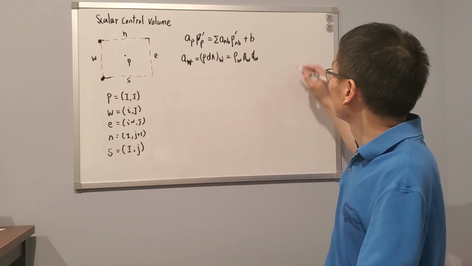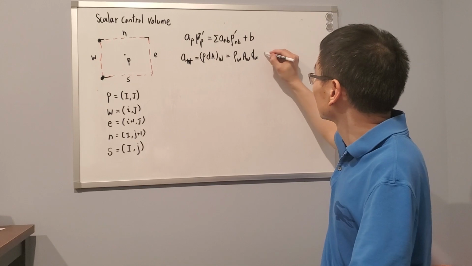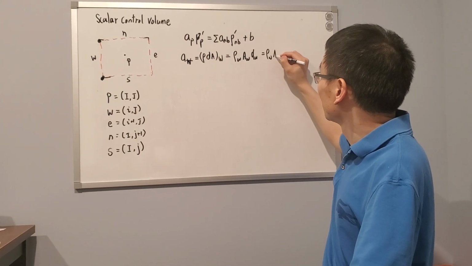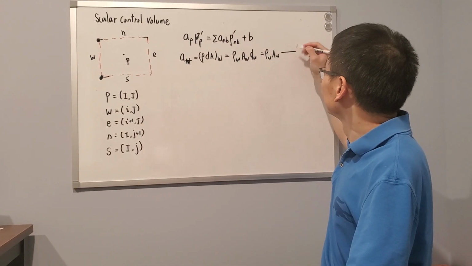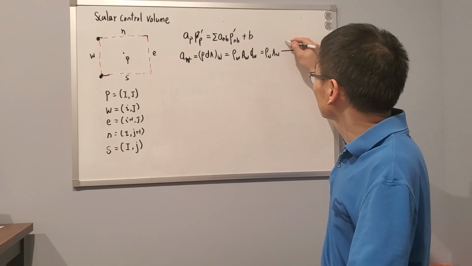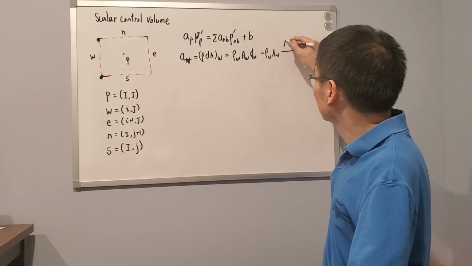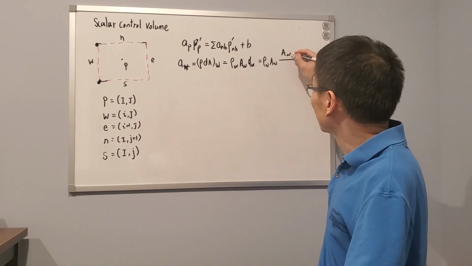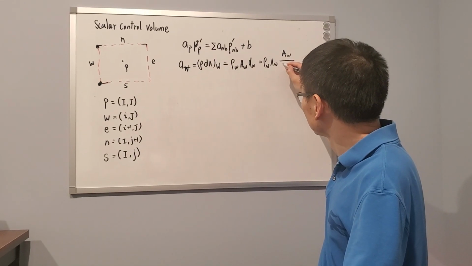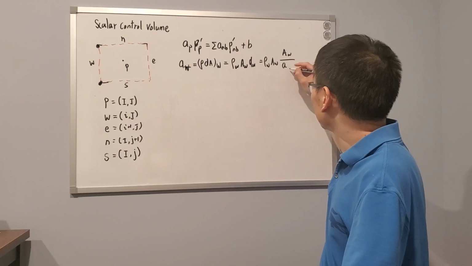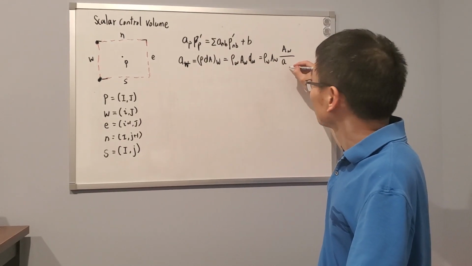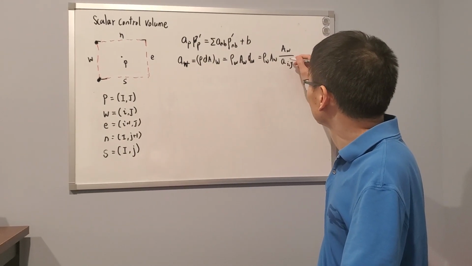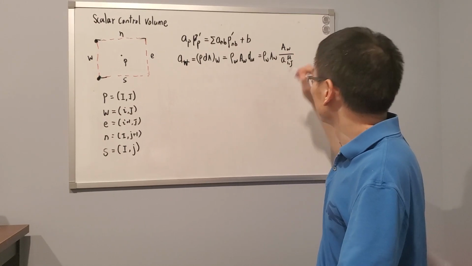So dW is defined as rho W AW times the AIJ from the U momentum equation.